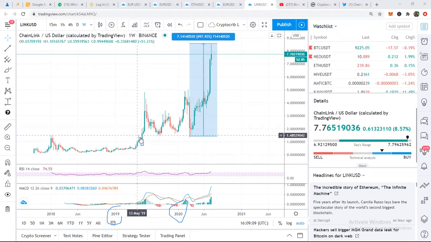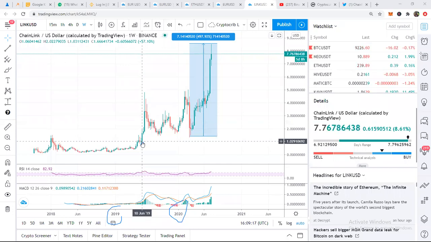Okay, look below, where the price ranges. All right, look at it: 10th of June 2019. Below, can you see it below? Yes.